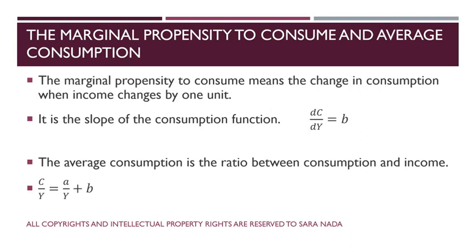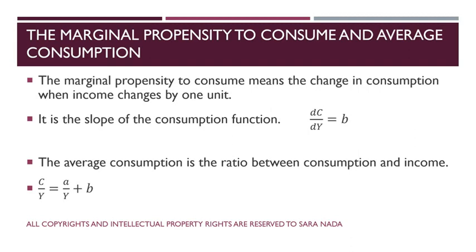And if you go back to the consumption function equation, you know that C equals A plus BY, so you can easily calculate the derivative of this function and you will find that this derivative or the slope equals B. That's why we define this B as being the marginal propensity to consume.